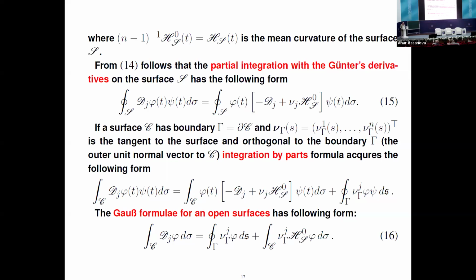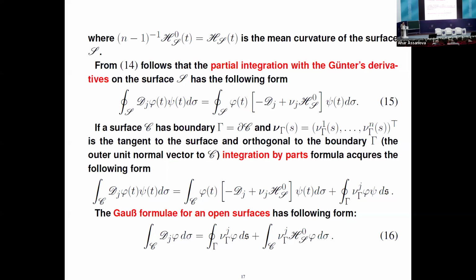And integration by parts: when you replace the Günther's derivative from one function to another in the product on the surface, then you have some additional term as in the Gauss formula.